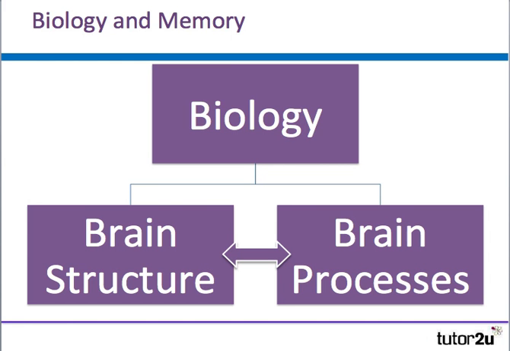And finally, biology and memory. Brain structure and brain processes, of course, are completely linked. If there's a faulty brain structure, the brain processes won't be all that great. And if the brain processes are beginning to break down, like in the early stages of Alzheimer's when acetylcholine uptake is affected, it's not long before the brain structure follows with the nerve damage and the neurons dying.